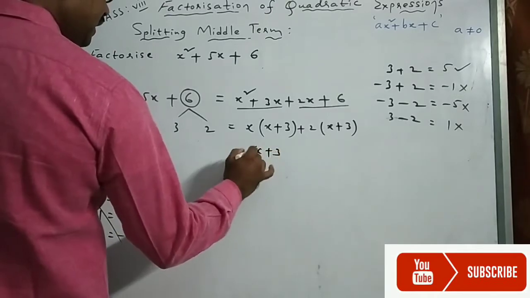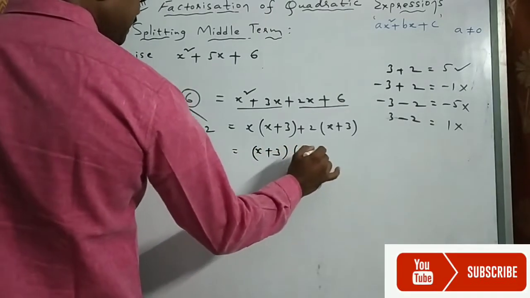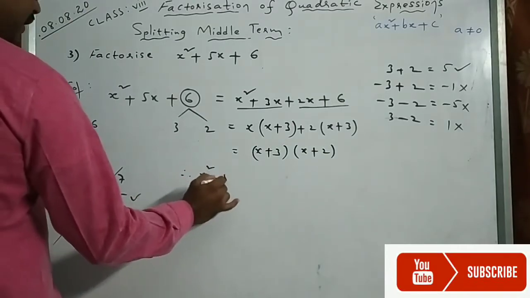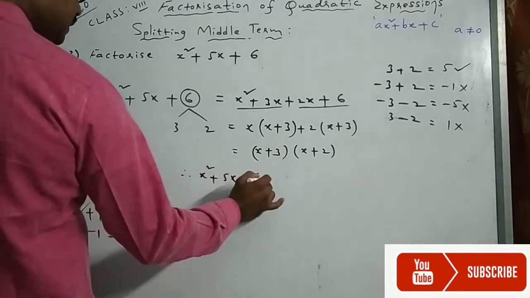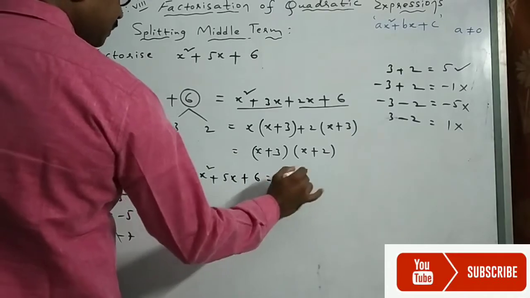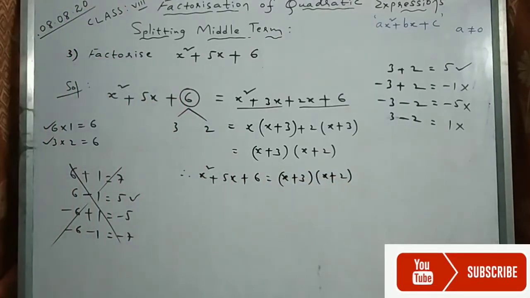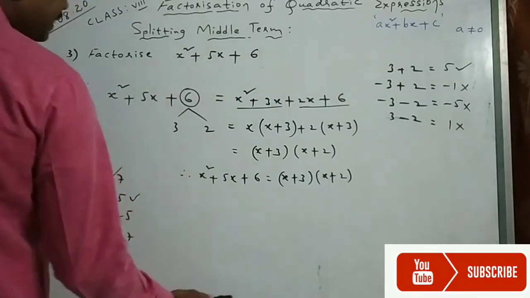So x plus 3 into x plus 2, right? Therefore, x square plus 5x plus 6 equal to x plus 3 into x plus 2. They are the factors. Okay? Both are the factors of the given expression.